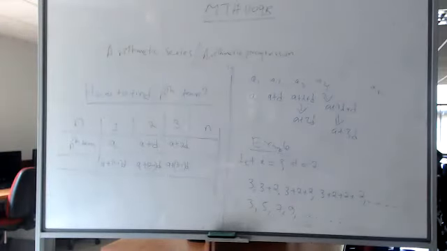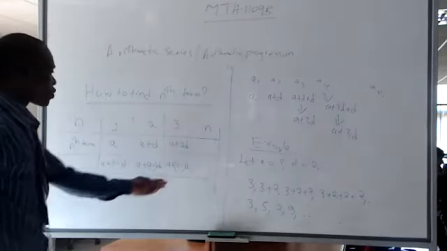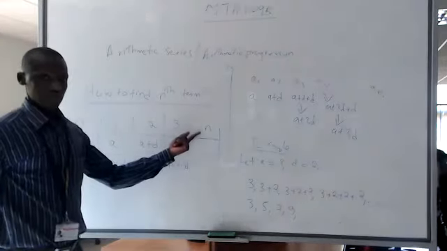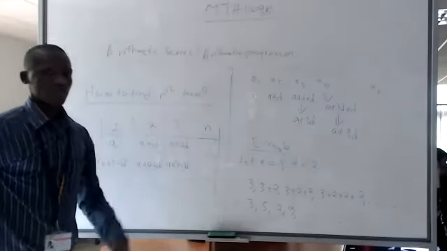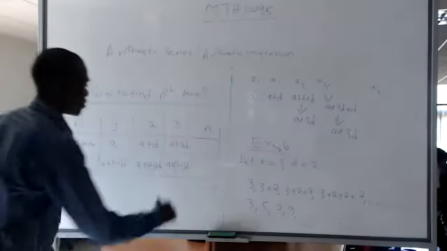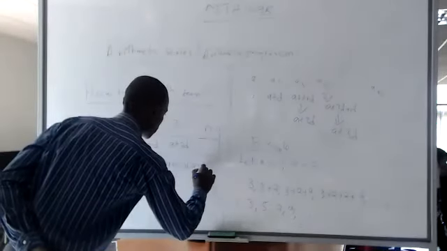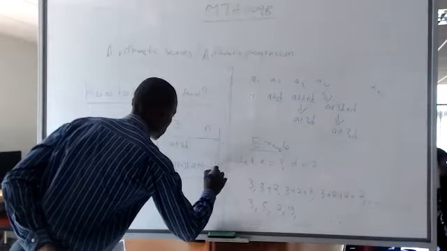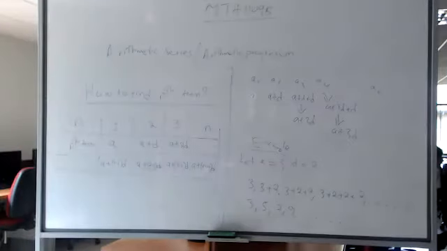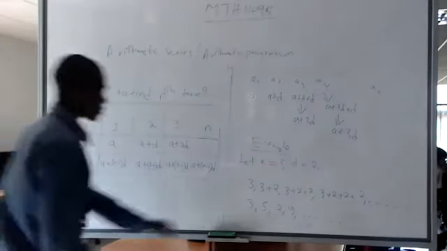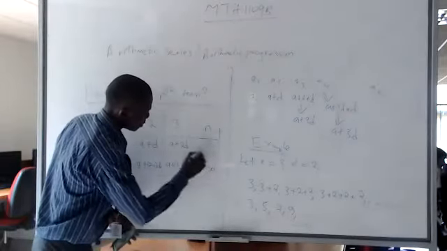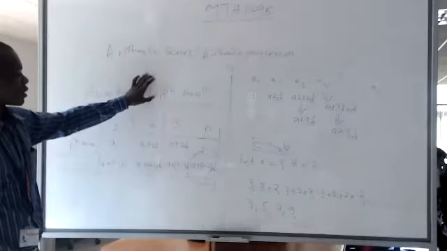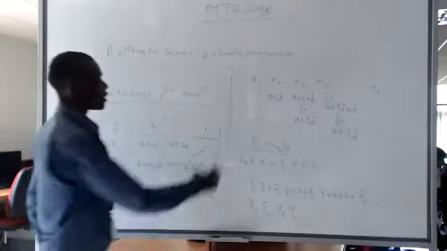If I'm at 4, it will be 4 minus 1. If I am at n, n minus 1 multiplied by D. So you have A plus n minus 1 multiplied by D. So in general, this is what we are looking for. This is the answer to our question.